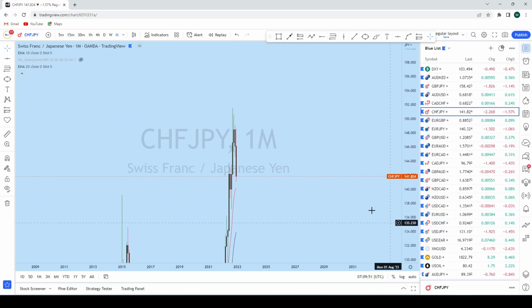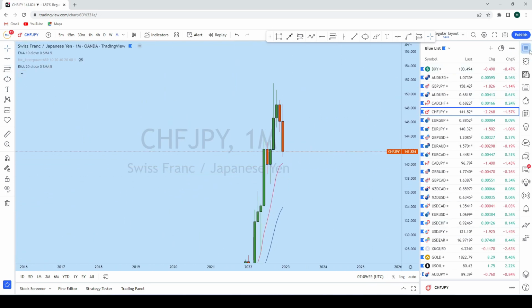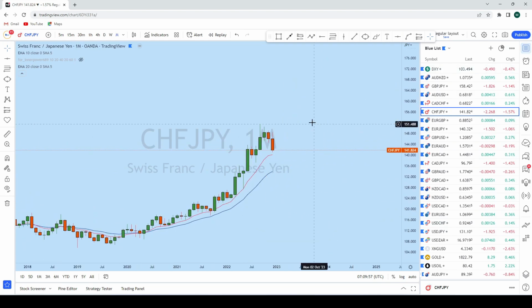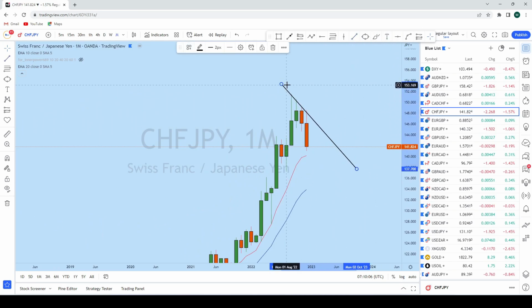Looking at the monthly time frame on CHFJPY, we see that this is in fact also now a bearish market. After the previous monthly narrow doji from this monthly trend line, we see that CHFJPY has a strong drop.